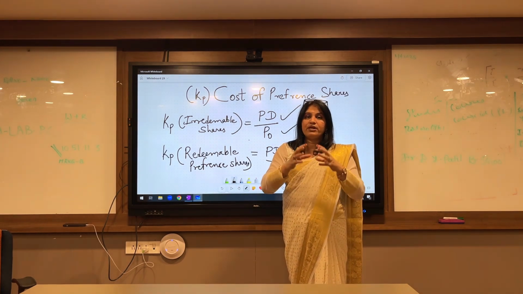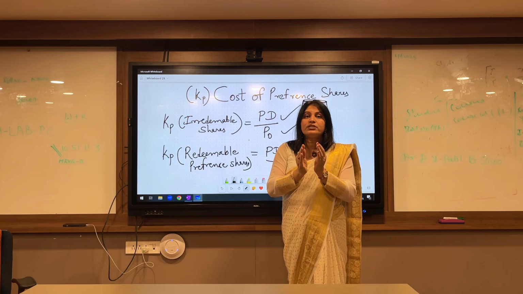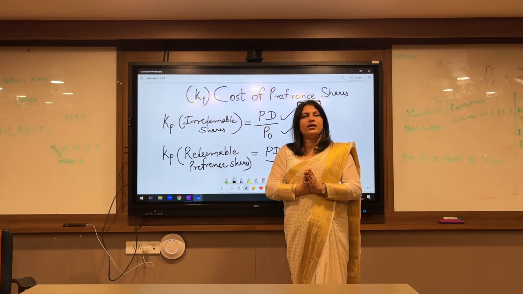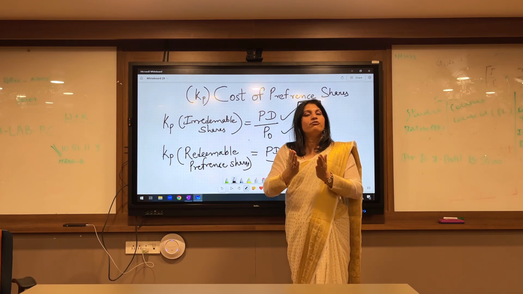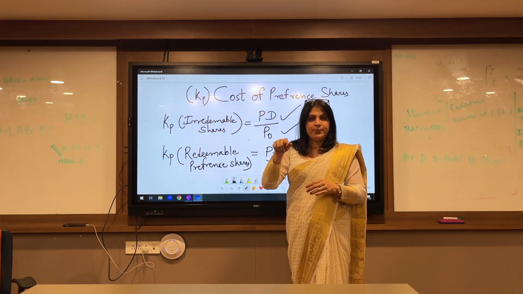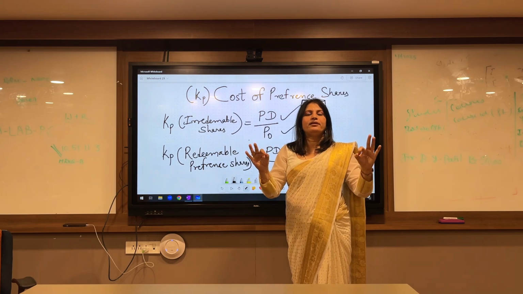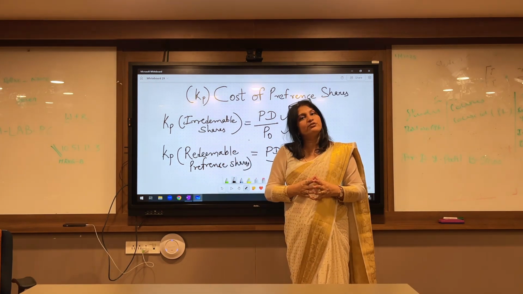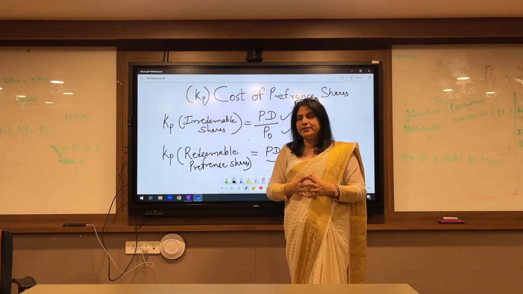Redeemable means where the investment is done for a stipulated period of time. Preference shareholder has put in his money for 5 years, for 10 years or for 15 years. So your N is very specifically determined and defined while calculating cost of preference shares for redeemable preference shares, right?